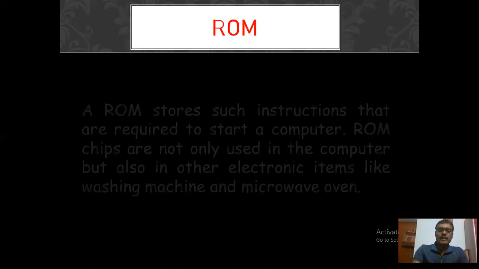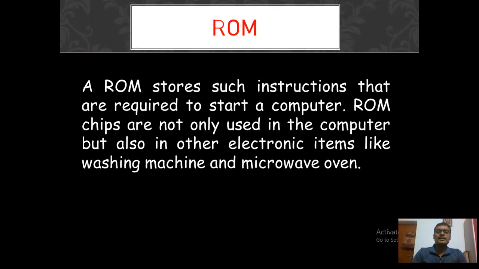Now, you can see ROM stores such instructions that are required to start a computer. ROM chips are not only used in the computer, but also in other electronic items. You can see in some electronic items like microwave, automatic washing machine, ROM ICs are used because on those ROM ICs, some instructions are uploaded at the time of manufacturing.